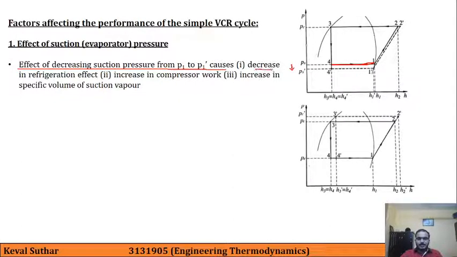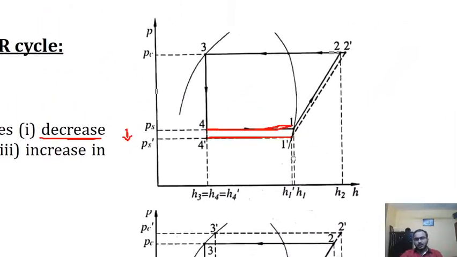Decrease in refrigeration effect. How? Because now if you see carefully, the distance of 4 to 1 and focus on distance between 4 prime to 1 prime, then the length of this line has reduced as we reduce the suction pressure.